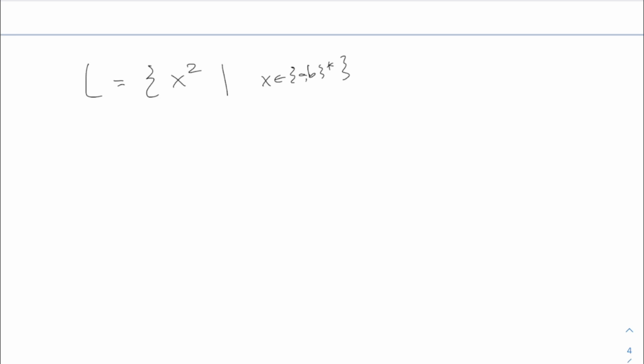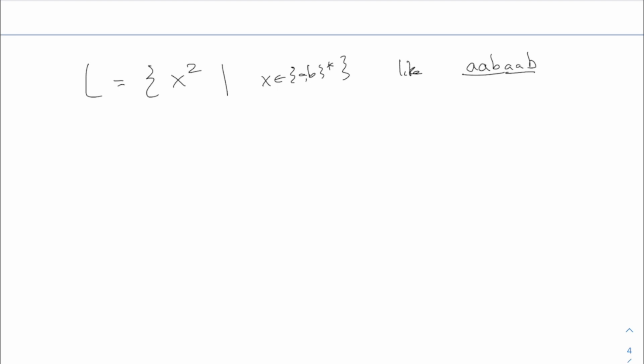We haven't really talked about a language like this before, but this is the language of all squares. That is just any string which happens to be the square of some other string. So for instance, this would include something like AB AB, because you can break it into two parts, which is a square of something.